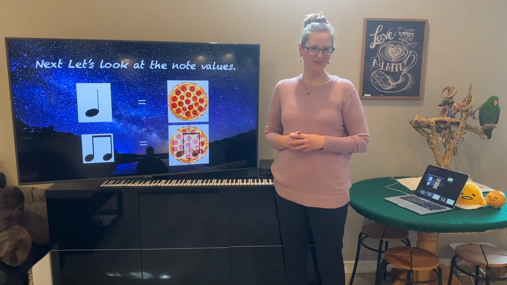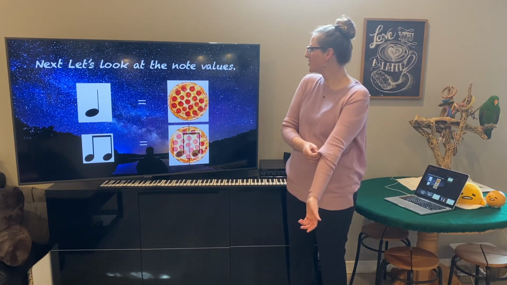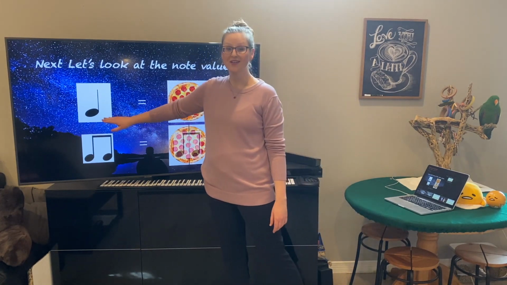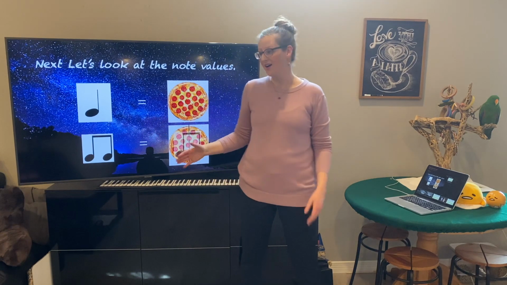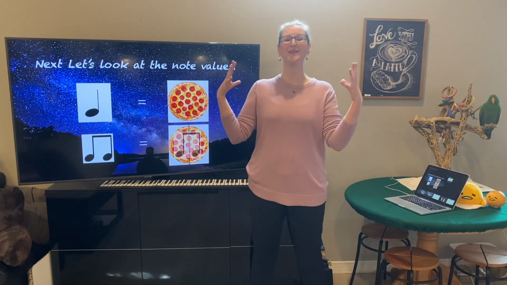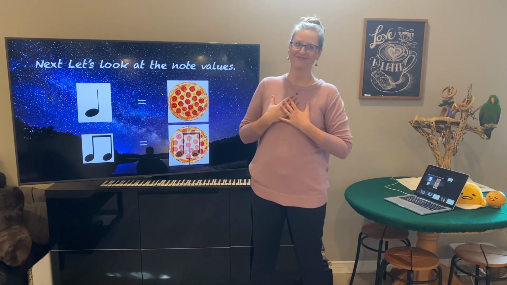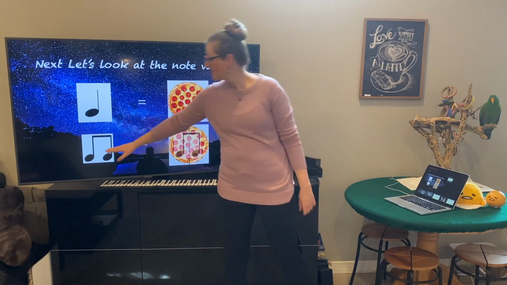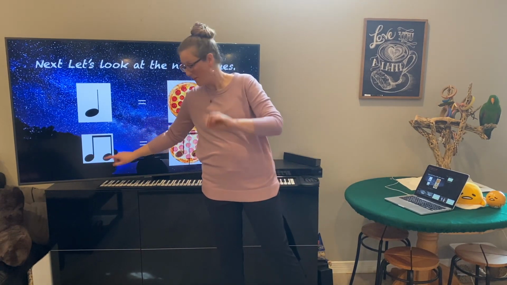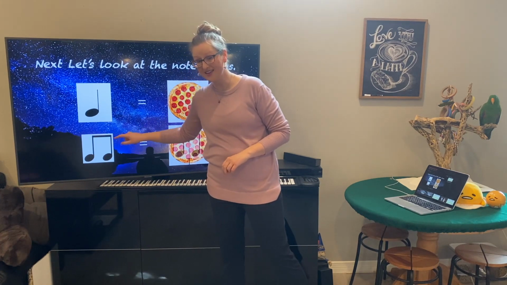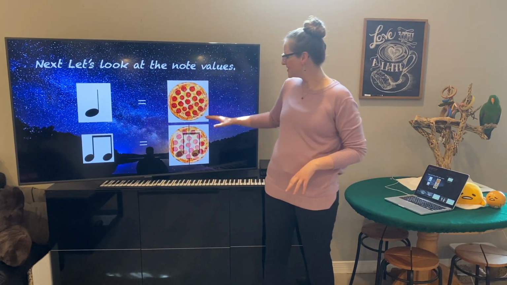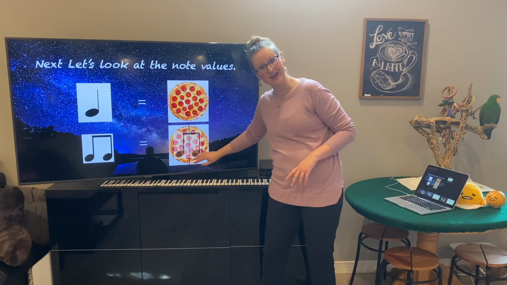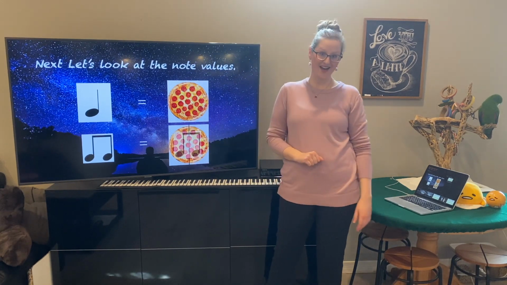Let's look at this a different way. If we were looking at our quarter note here, we could compare a quarter note to a whole pizza, which I'm very fond of. If we had 2 beamed eighth notes, then we're going to take that same pizza, but now we have to cut it in half.